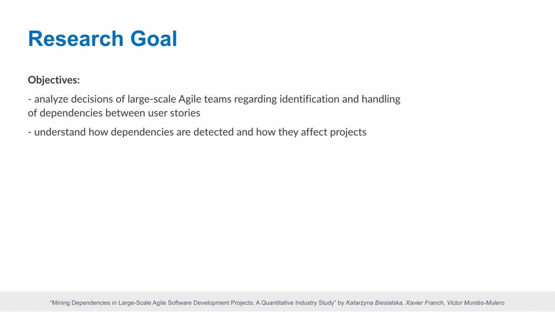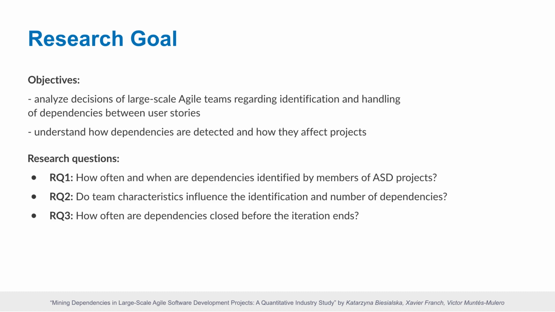The objectives are twofold. We aim at analyzing the decisions of large-scale agile teams regarding declaration of dependencies, and we also aimed to understand how dependencies are detected and how they affect the projects. We formed the objectives into three research questions.